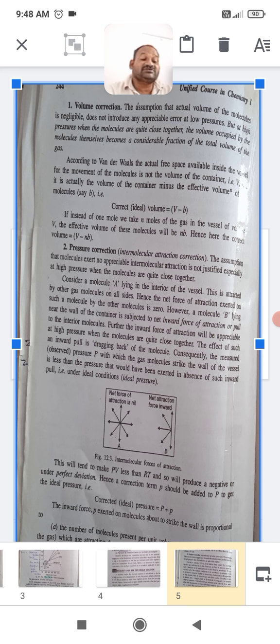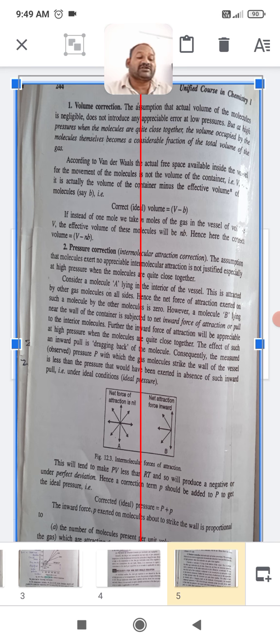According to van der Waals, the actual free space available inside the vessel for the movement of the molecules is not the volume of the container, but it is actually the volume of the container minus the effective volume of the molecules.